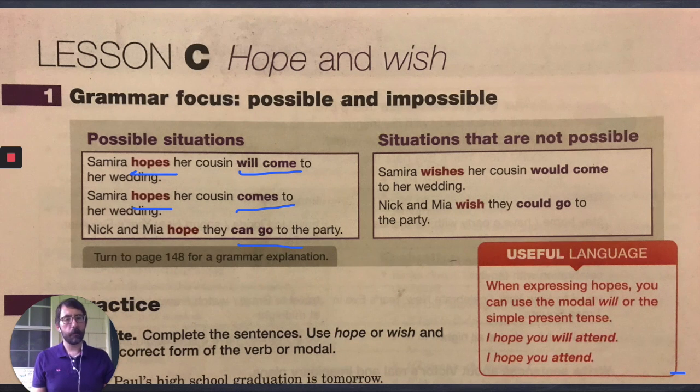Situations that are not possible, we use wish. We use wish would come, or wish could go. Okay? Just as a quick review, just to remind you of the different ways you can write these sentences or say these sentences when we talk about things we hope for and things we wish.